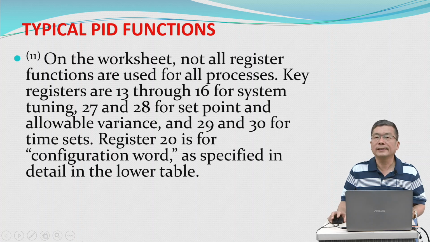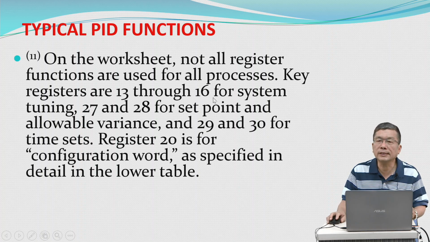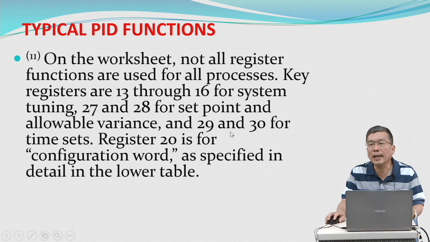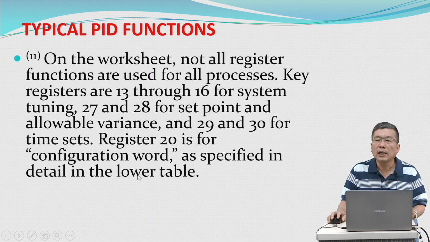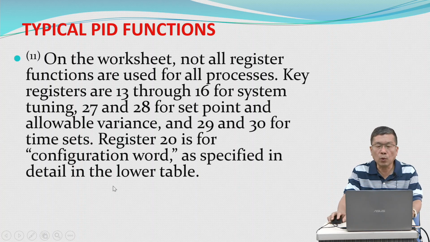On the worksheet, not all register functions are used for all processes. Key registers are 13 through 16 for system tuning, 27 and 28 for set point and allowable variance, and 29 and 30 for time set. Register 20 is for configuration word, as specified in detail in the lower table.